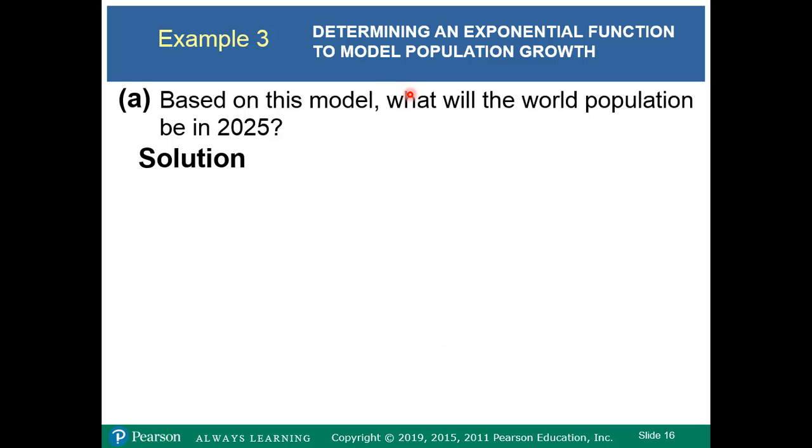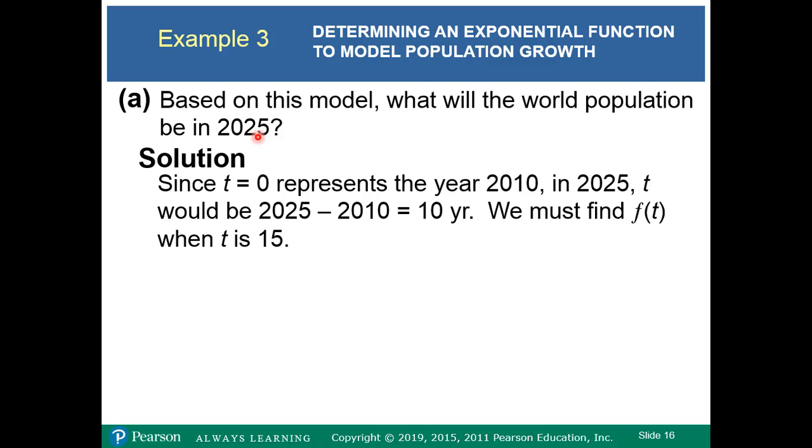Now, based on this model, what will the world population be in 2025? Well, since t equals 0 represents 2010, t is the years after 2010. In 2025, that would be 10 years that passed.